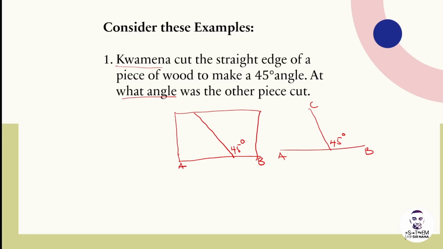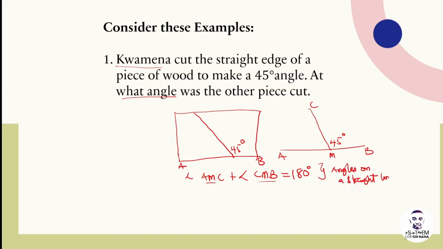If we are relating to it in terms of angles, let's call this point M. So we can see that angle AMC plus angle CMB is equal to 180 degrees. I believe by now you know why angle AMC and angle CMB is equal to 180 degrees, because they are angles on a straight line.